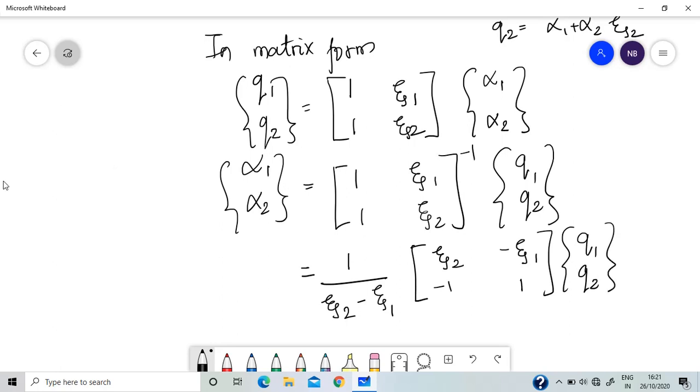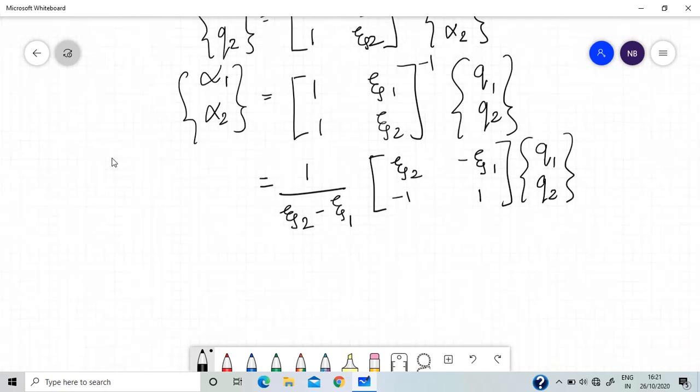This procedure is the same as we have followed before for generalized coordinates, only here the difference is we don't have any x coordinate, we have only the coordinates in terms of zeta.